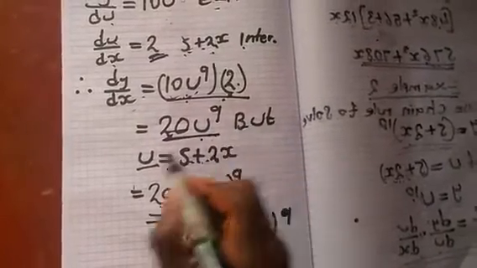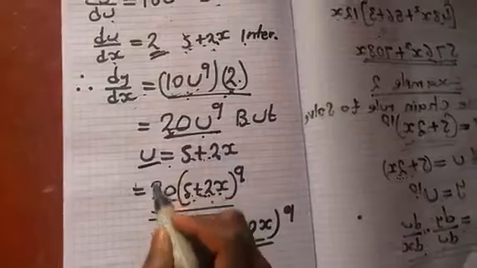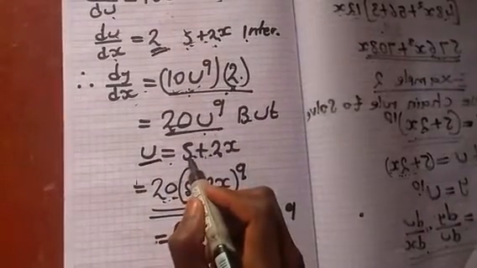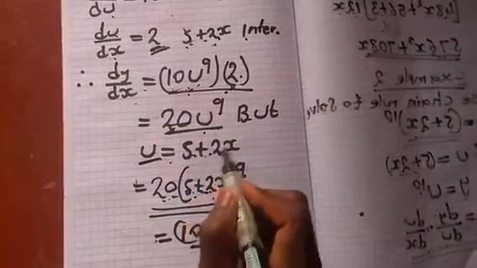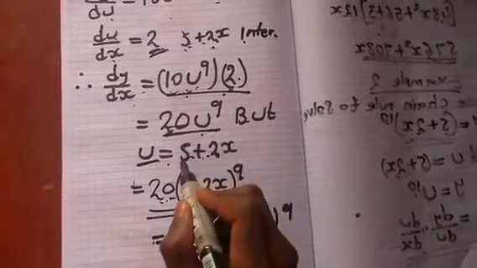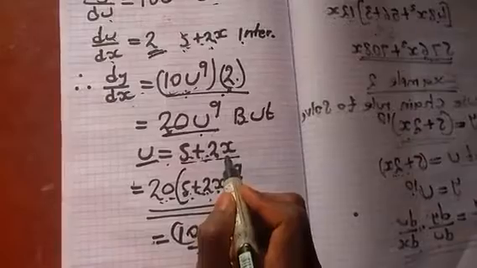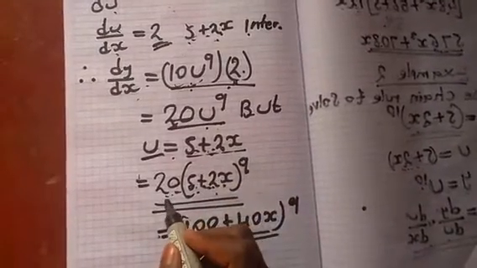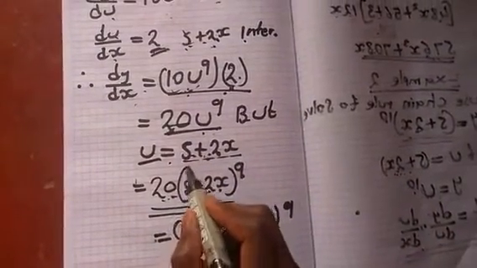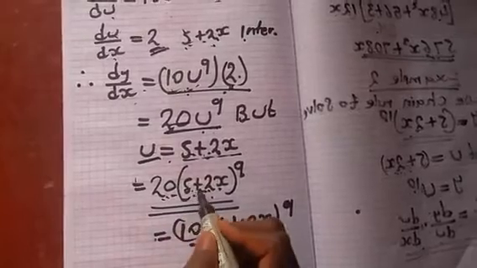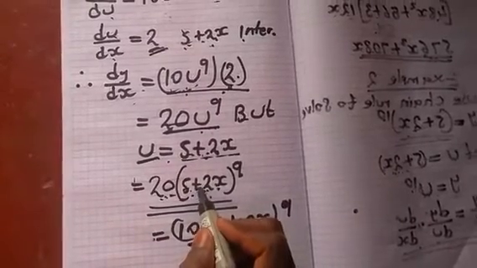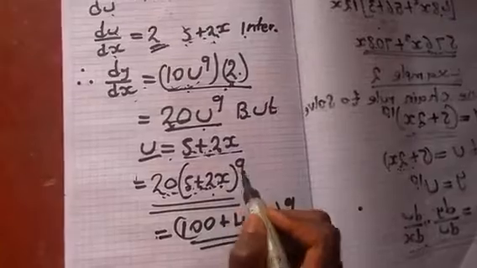But our u was equal to 5 plus 2x. So if this is our u, we take 20 into (5 plus 2x) raised to power 9.